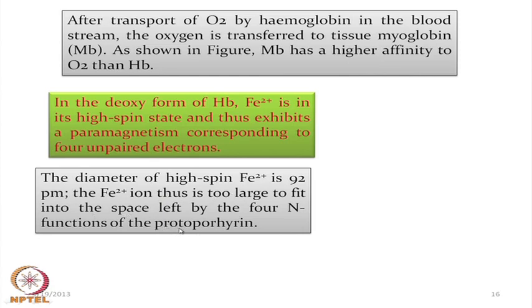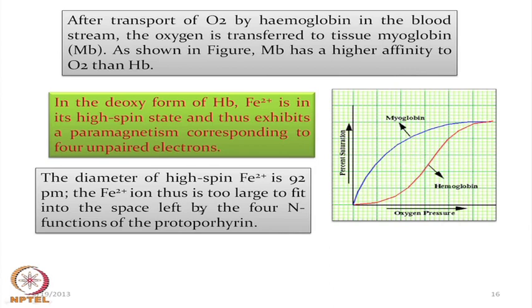which is a planar macrocyclic ring, above which your Fe2+ is sitting, and when that Fe2+ binds to the dioxygen, we can have two different types of oxygenation curves. One is for the hemoglobin, which is basically S-shaped, and we call it a sigmoidal curve, and the other is of a different type from the sigmoidal curve, and due to this we know that they have a difference in the oxygenation reaction.